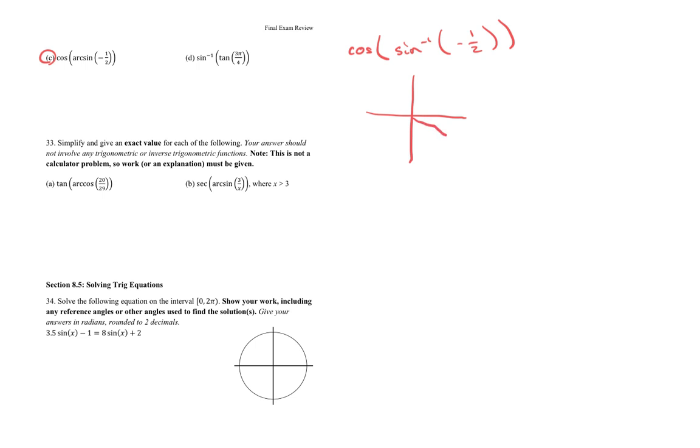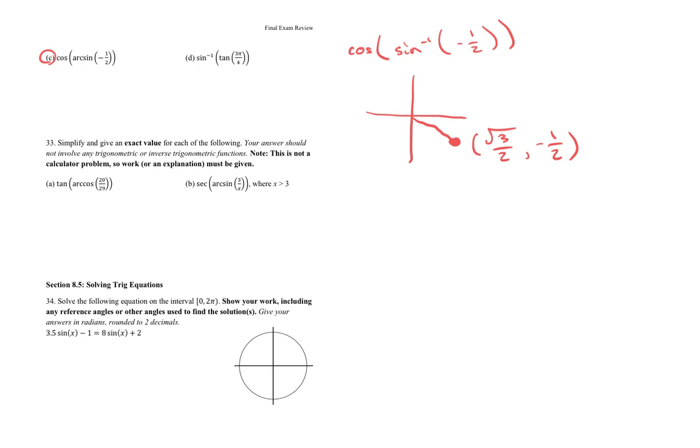So we know on our unit circle we have this point here, which gives us that x is root 3 over 2 and y is negative 1/2. And remember, our arcsine usually only looks at values from the right side of the y-axis, or quadrants 1 and 4.